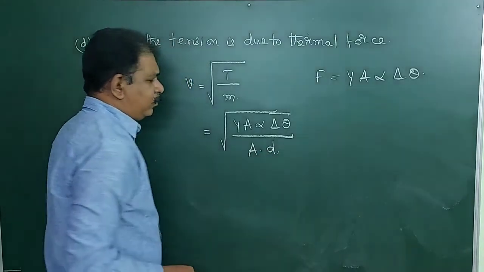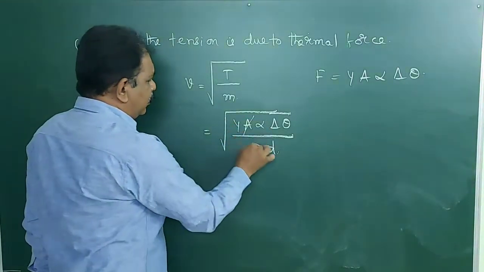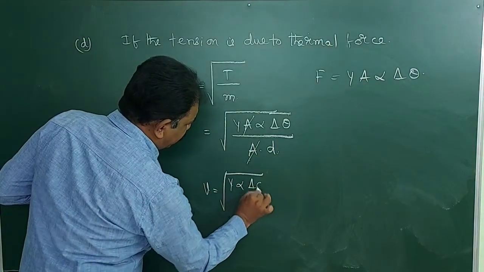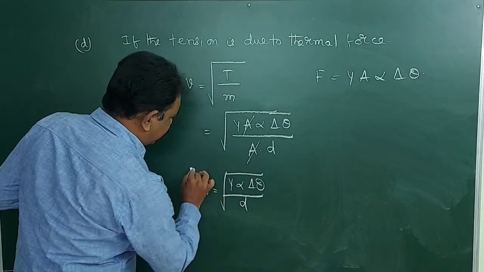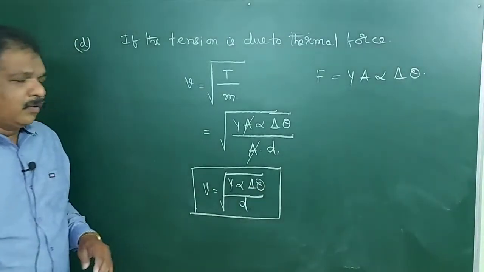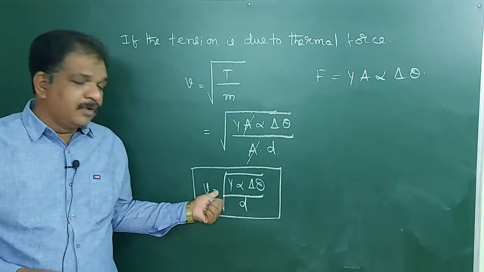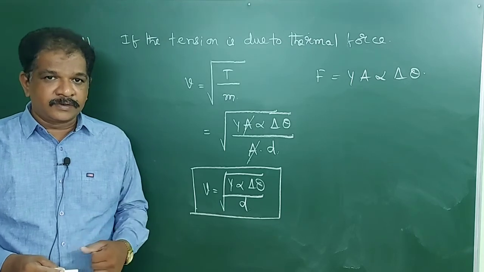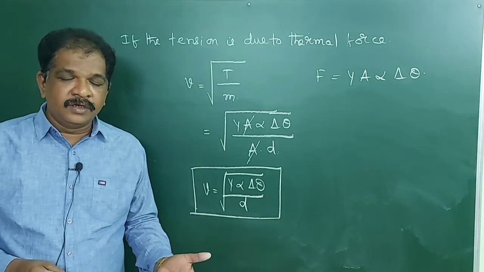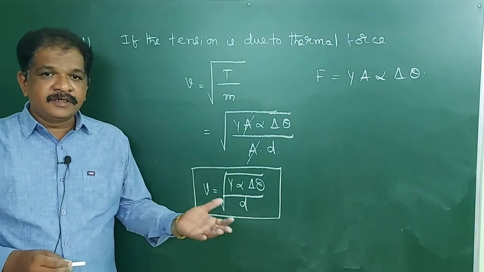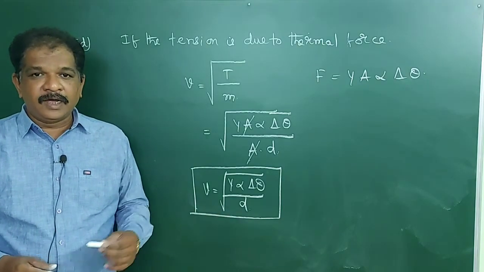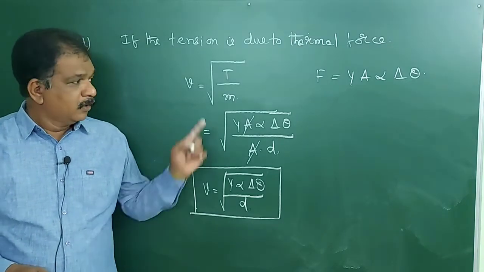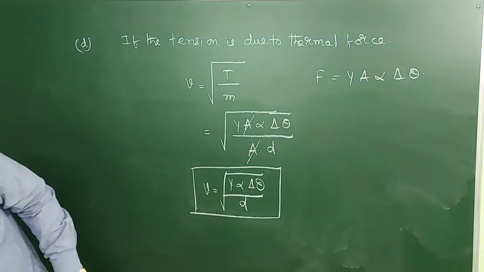Just now we showed m is A into d. A and A cancel. V is equal to square root of Y alpha delta theta by d. We use this formula when the tension arises due to thermal force. When tension arises due to the thermal force, the elastic force, or the load, the velocity of transverse wave formulas will be different. Prepare all these formulae.